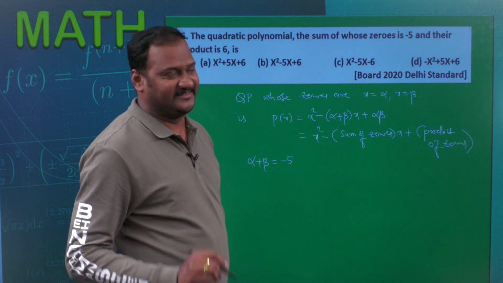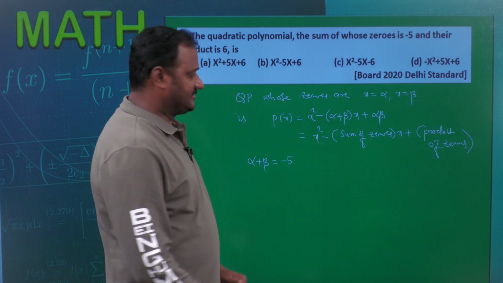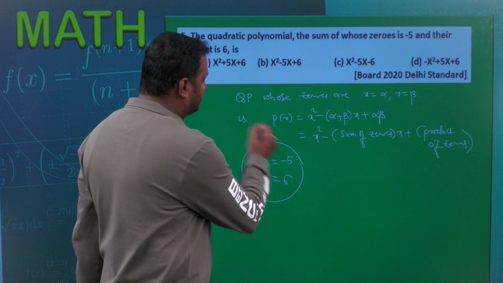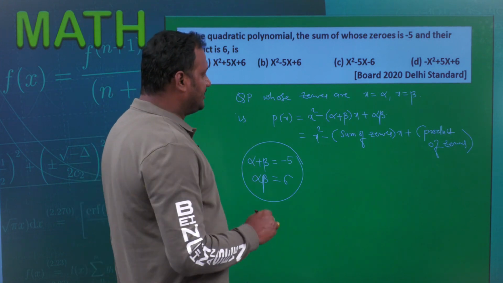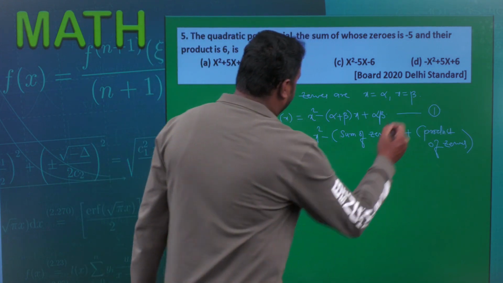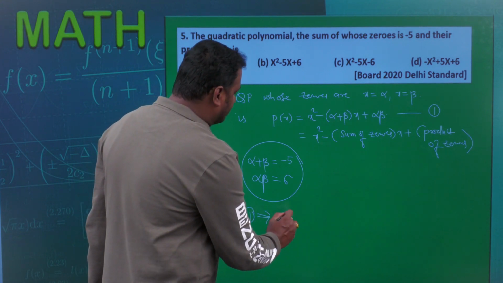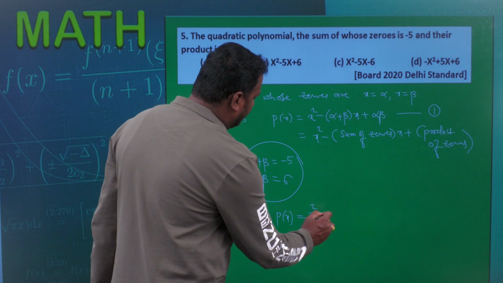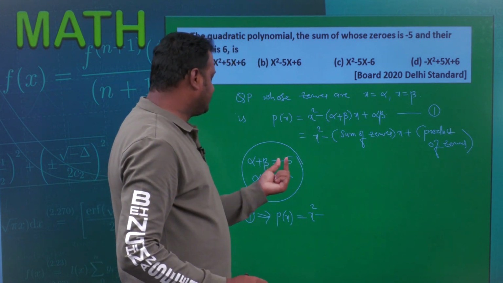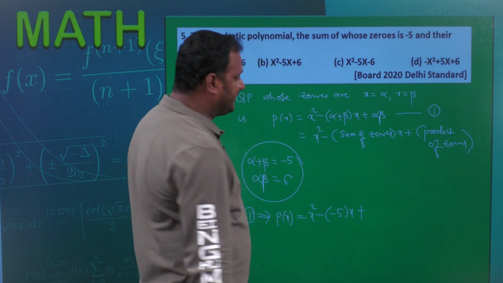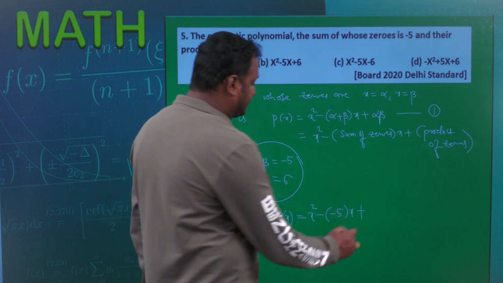Not alpha equal to minus 5. And product of zeros is 6. It means alpha into beta is equal to 6. This is the information given in the problem. So when you substitute here, the required polynomial will become p of x is equal to x square minus (alpha plus beta, which is minus 5) times x plus alpha into beta, that is the product of zeros, given as 6.